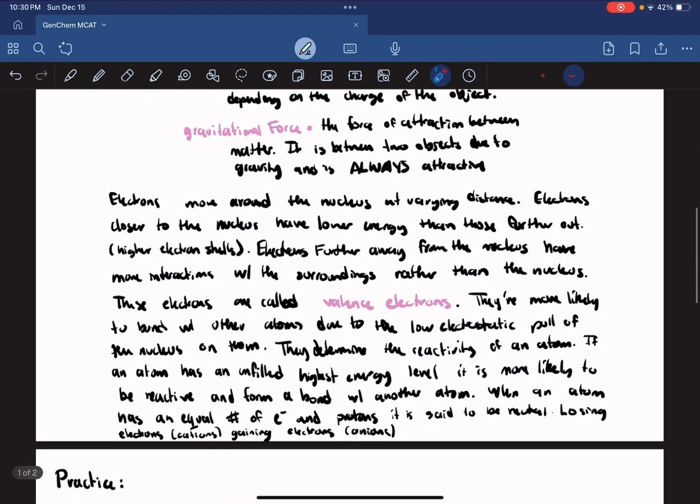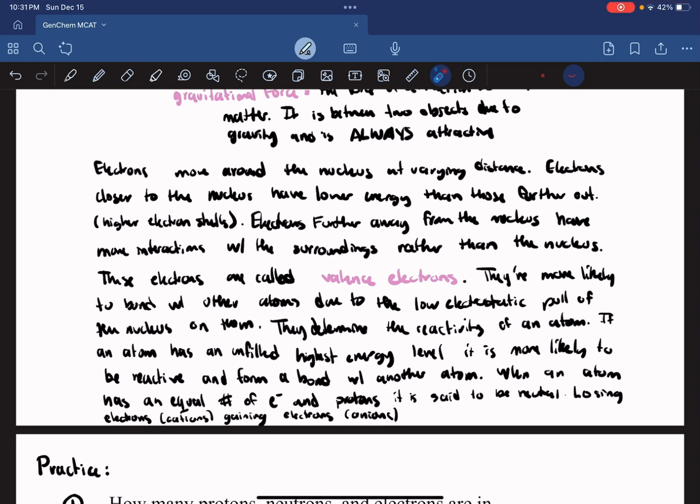Okay, so I already discussed the reactivity of electrons that are further away from the nucleus, and I said they're usually favoring interactions with other atoms rather than interactions with their own nucleus. But I didn't mention the reason why.